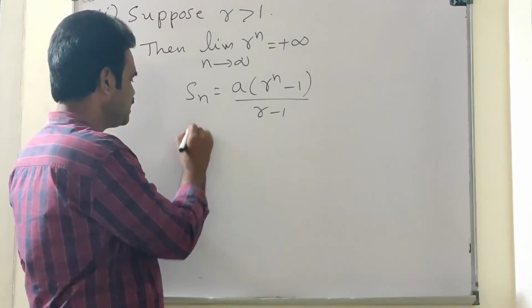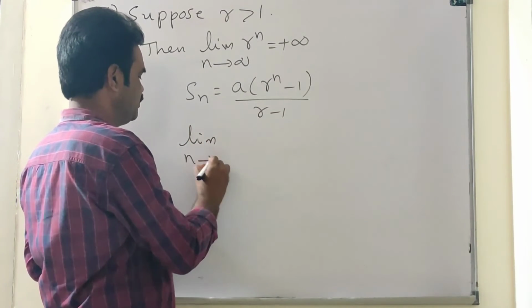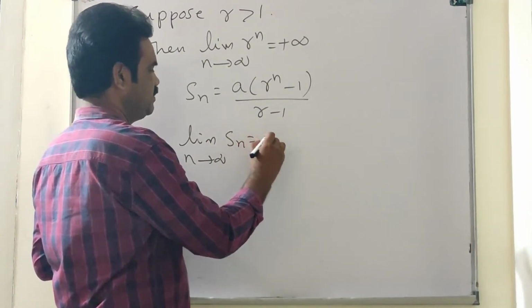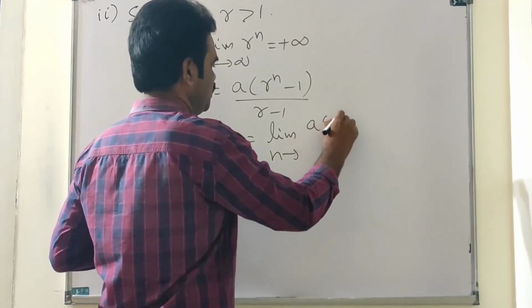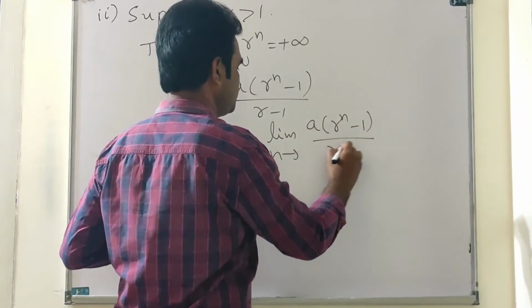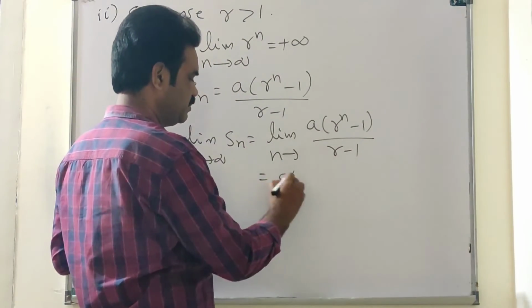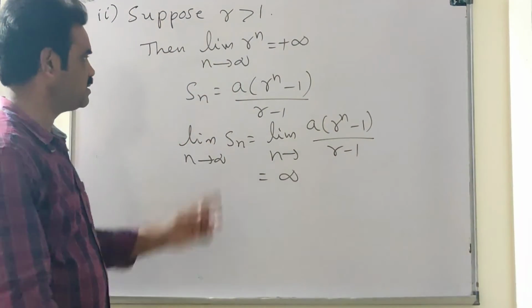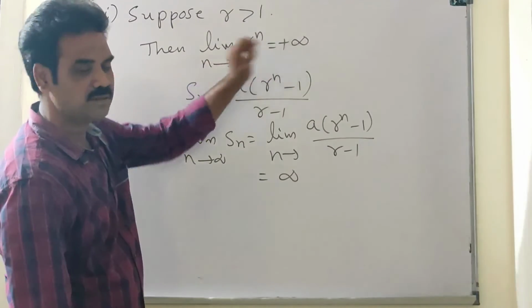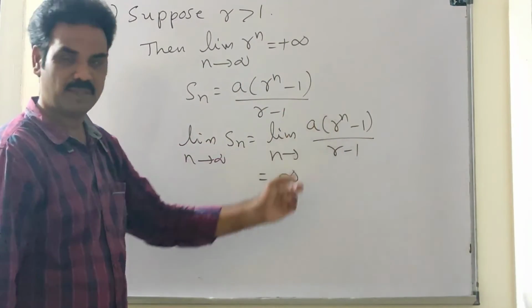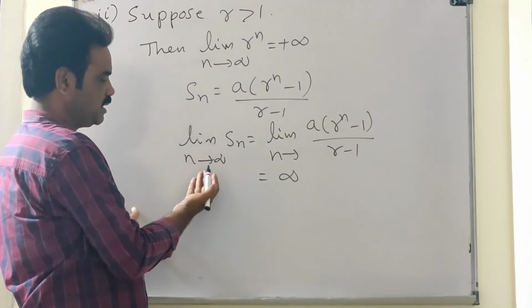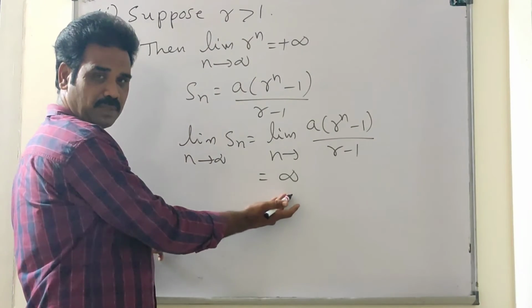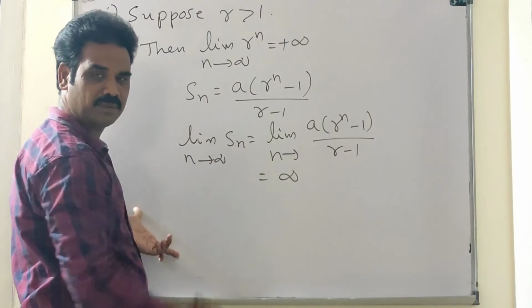Now what is limit Sn? Limit n tends to infinity Sn is equal to limit n tends to infinity a into r power n minus 1 by r minus 1. Since limit r power n is plus infinity, this becomes plus infinity. When r greater than 1, the sequence diverges to plus infinity, and hence the series diverges to plus infinity.